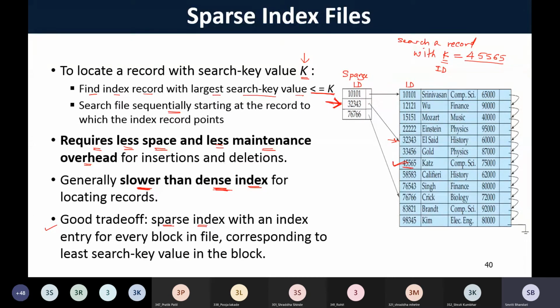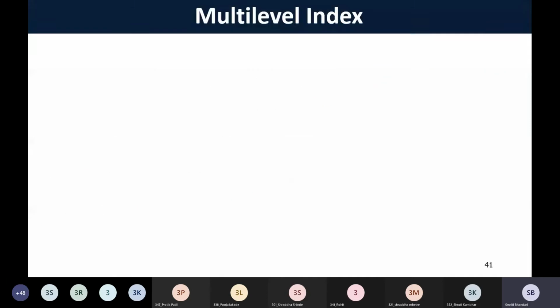So one entry per block we will be having in our sparse index, and that entry will contain the least search key value. Right? We are going to look at this concept in great detail in a while. So I hope you must have understood the discussion so far.